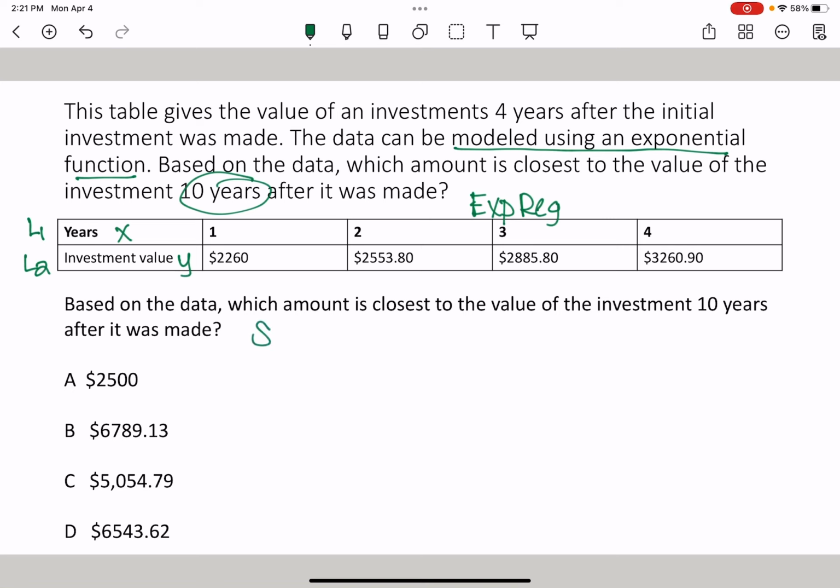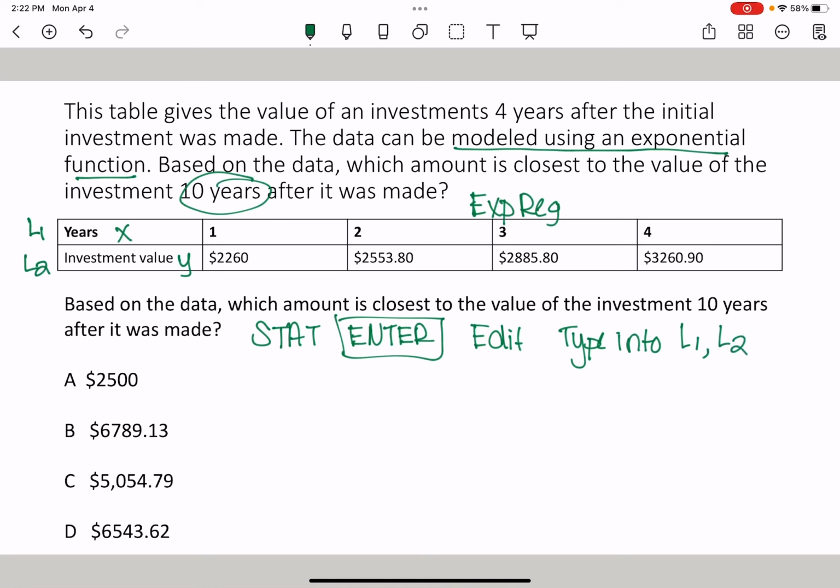So what I do is I go to Stat, and then hit Enter on Edit, and you're going to enter these values into L1 and L2. Okay, so go ahead and enter these values into L1 and L2.